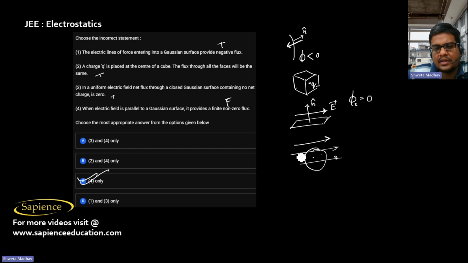Since the number of electric field lines that enter the Gaussian surface, the same number of electric field lines will come out of the Gaussian surface. So hence the net flux will be 0 only in that case. So the third one is a true statement.